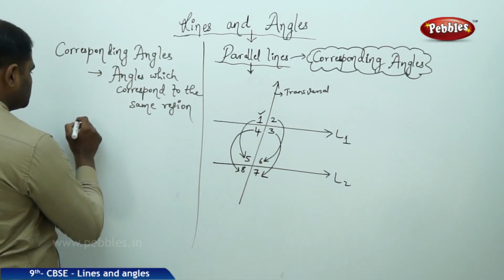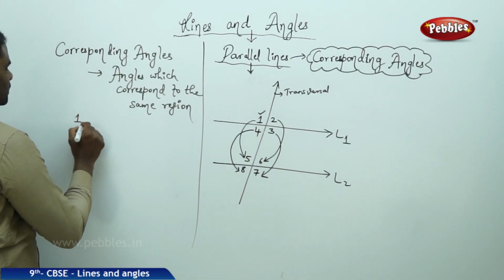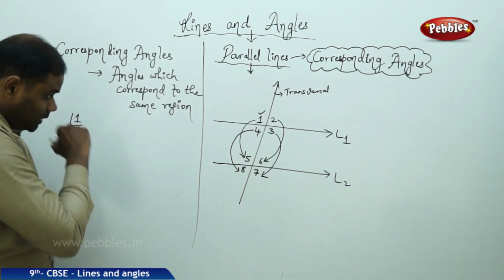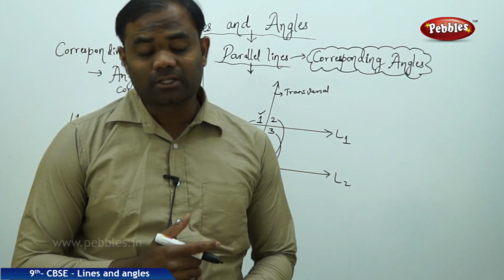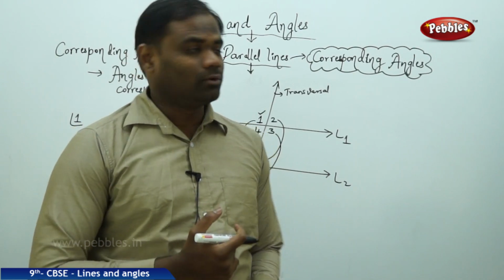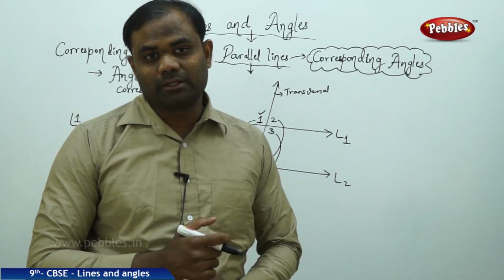In this case, angle 1, and interestingly, in parallel lines, the corresponding angles are equal only when the lines L1 and L2 are parallel.